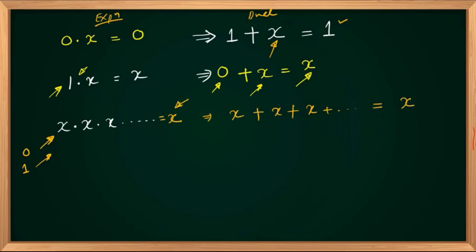Similarly, if you take the product of the same variable n times, the result will be x itself. This particular law is called the identity law, or the idempotent law.